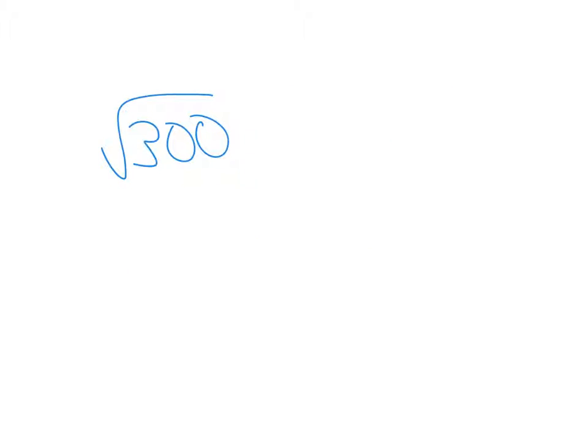Now where simplifying radicals comes out, instead of multiply, we're going to divide out some things. So this one here, radical 300, I can change this into radical 3 times radical 100. Now why would I choose radical 3 and radical 100?